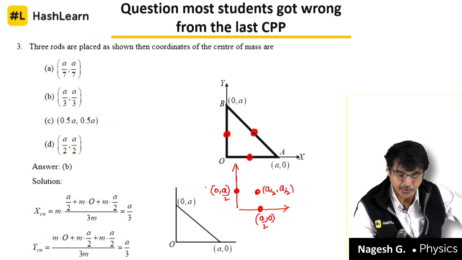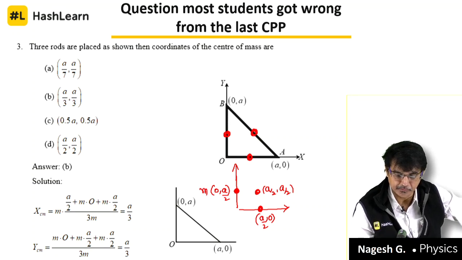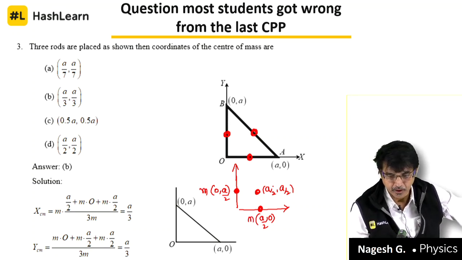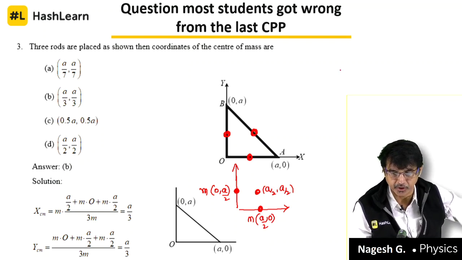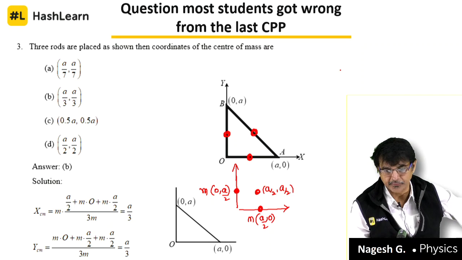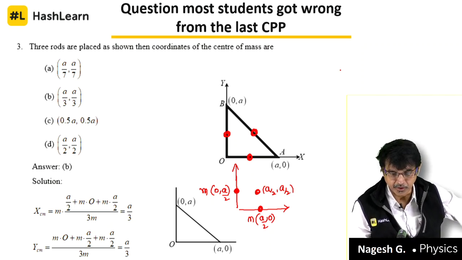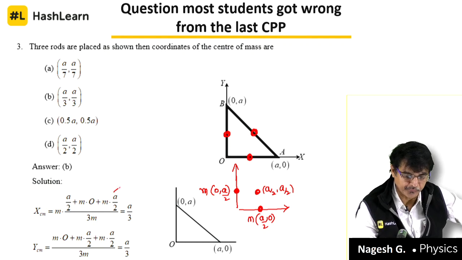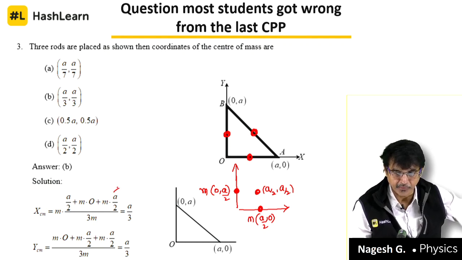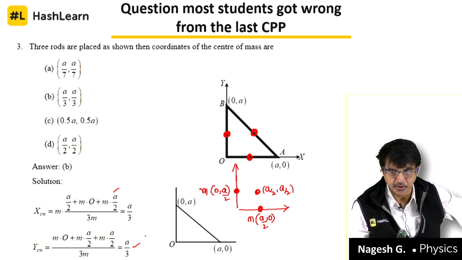So there are three particles with identical masses, m, m, m. According to the discrete particle system, when particles are assembled in the plane, the x coordinate of the center of mass is (m1x1 + m2x2 + m3x3) by total mass, and the y coordinate of the center of mass is (m1y1 + m2y2 + m3y3) by (m1 + m2 + m3).